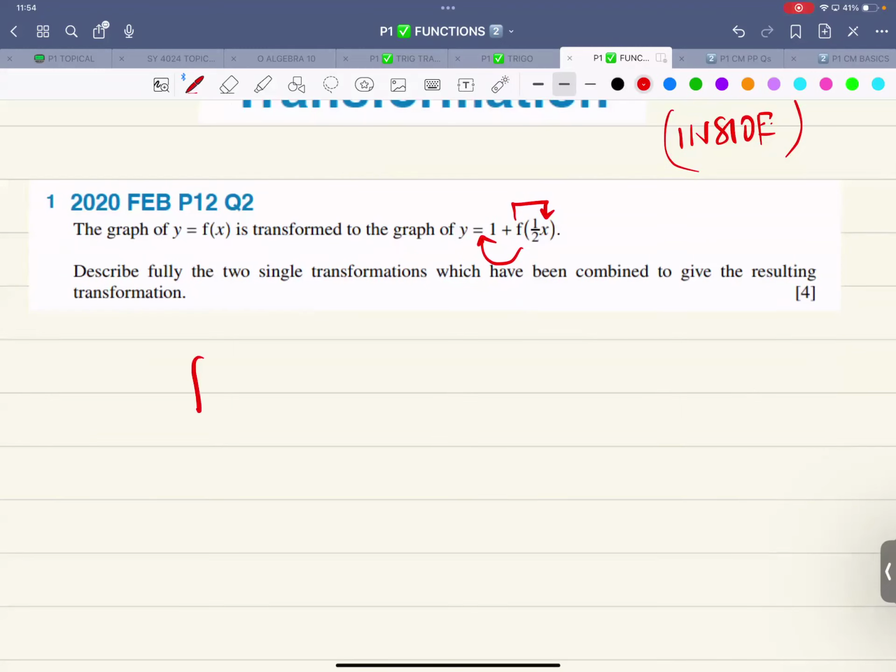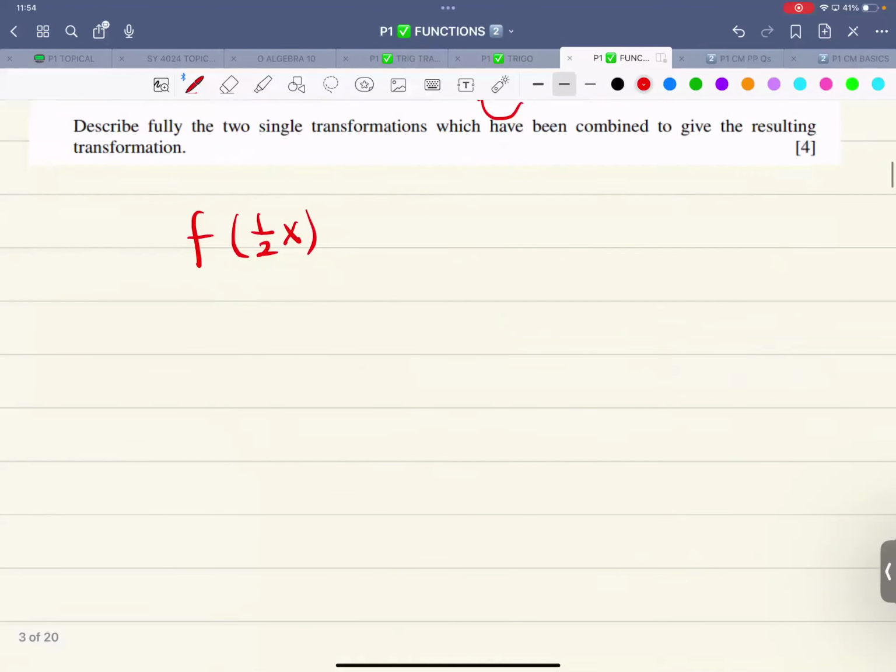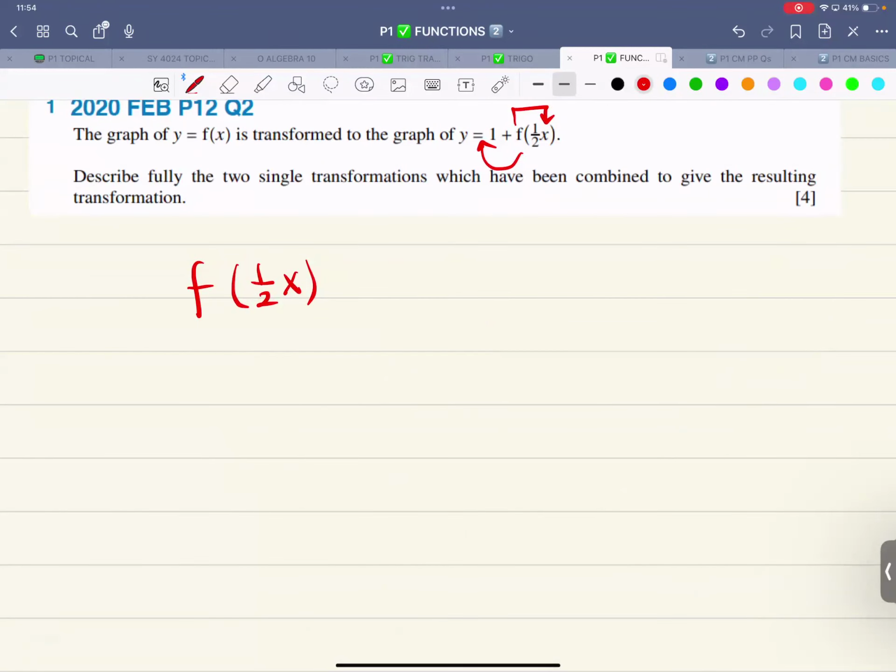Now, first of all, f of half x. Now, think very comfortably. The x coordinate is multiplied by half. It's half x. So it is of the format f of half x, which means that it's a stretch parallel to x-axis.